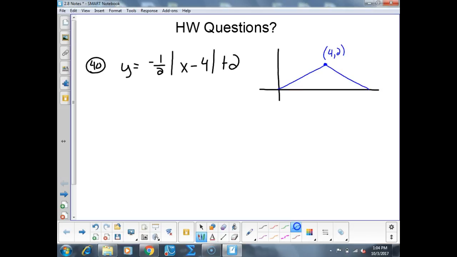Then part B said, at what time during the storm was the snowfall the heaviest? Okay. Well, that's going to be 4 hours into the storm. Okay? Because that's where the snowfall, the blue line represents how much snow is falling, and that's when the blue line is at its highest point, is 4 hours into the storm.